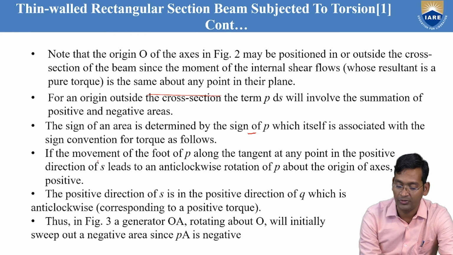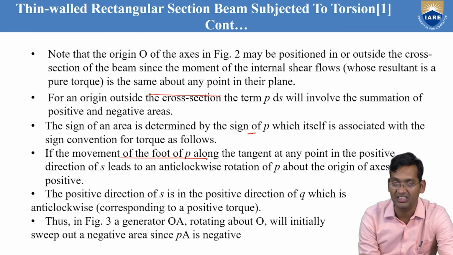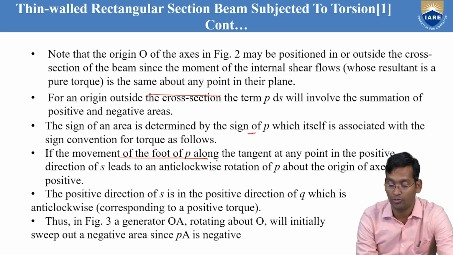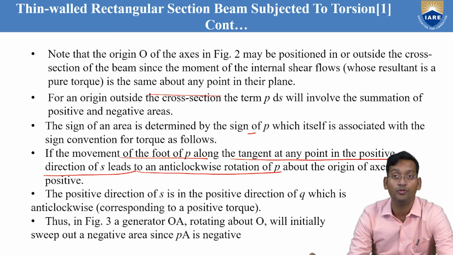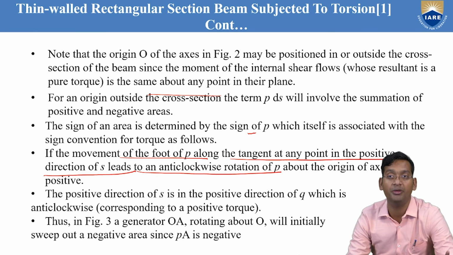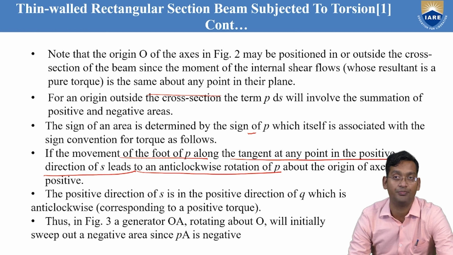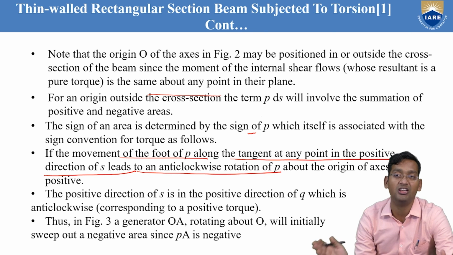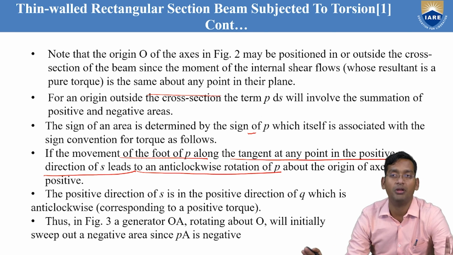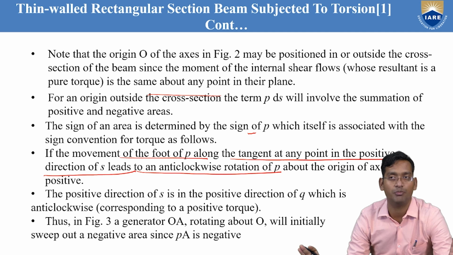That is here. If the movement of the foot of P along the tangent at any point in the positive direction of S leads to anti-clockwise rotation of P, and the positive direction of S means anti-clockwise, so if it's rotating anti-clockwise, then we can say that is positive.